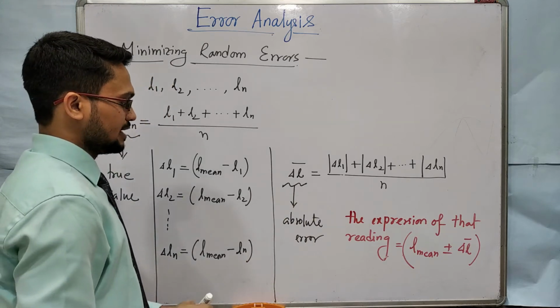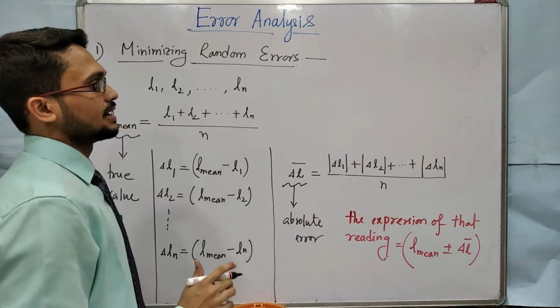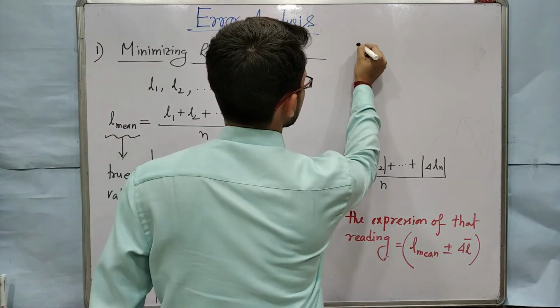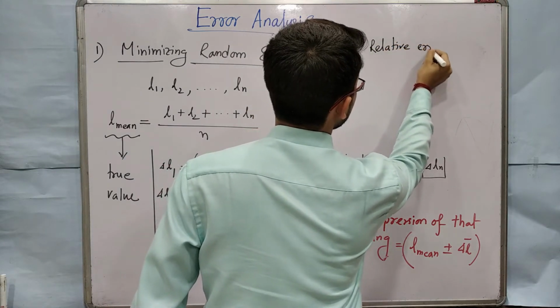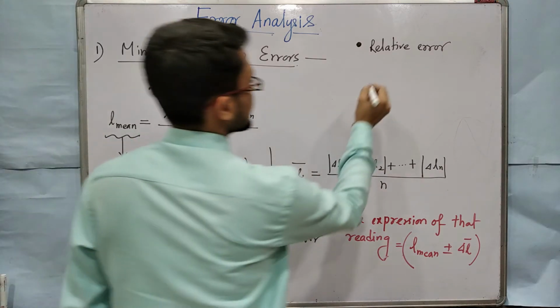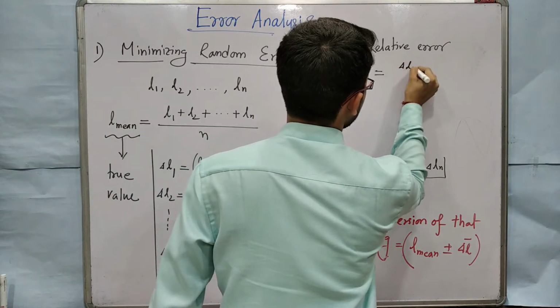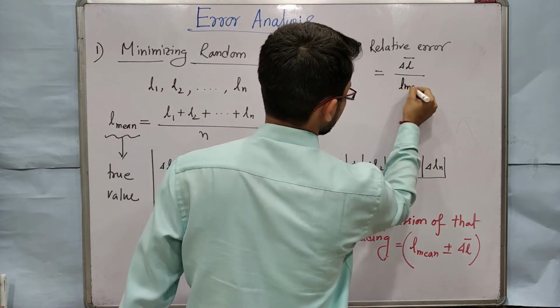Now how to calculate another two kinds of error: the relative error or fractional error, and the percentage error. The first one is relative error. Relative error is equal to delta L average divided by L mean, the true value.